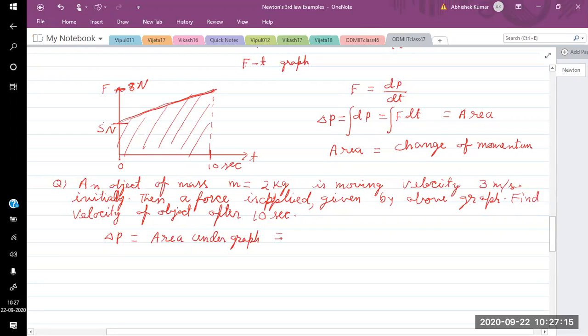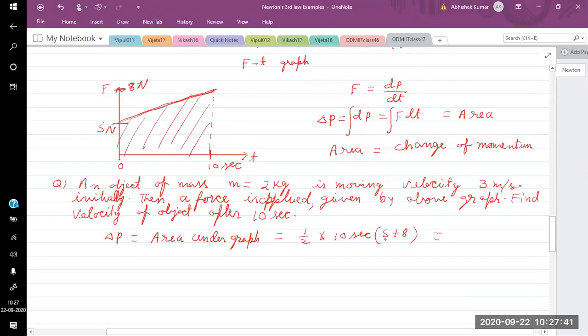So what will be the area under the graph? This is a trapezium shape, so its area will be half into height, and the height is here, the 10 second, into the sum of parallel sides. One side is 5, the other side is 8. So this is the area under the graph, and this area will be equal to the change of momentum.